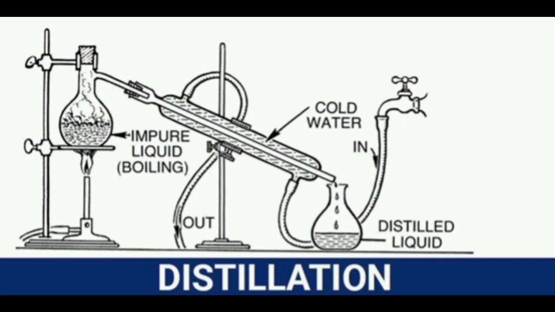Even fractional distillation will not be able to separate them out. So it must be at least 90 and 100, or 80 and 70. The difference should be at least 10 for fractional distillation to work. Then for simple distillation, it should be up to 20, 30, 40. But they are both distillation.